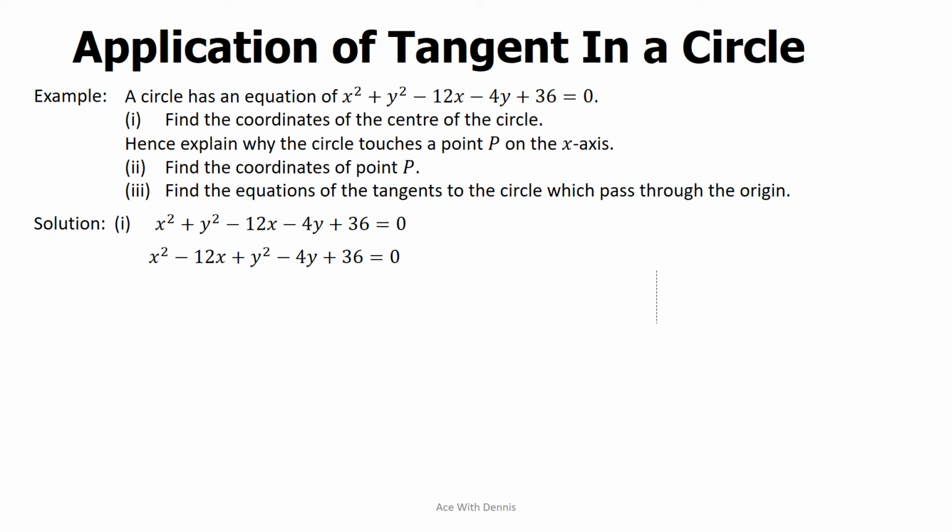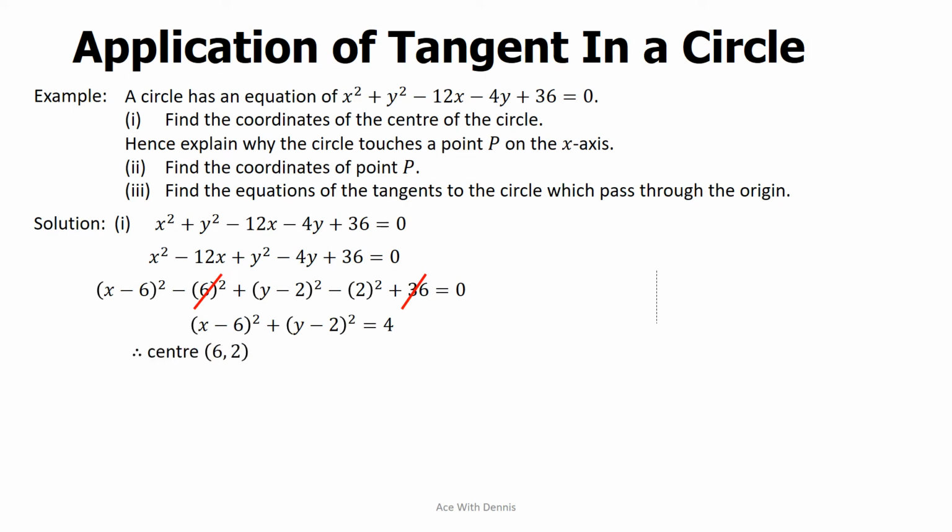The reason we rearrange this equation is because we want to do completing the square. Hence now it becomes (x - 6)² - 6² + (y - 2)² - 2² + 36 = 0. So this 6² cancels with 36 and the equation becomes (x - 6)² + (y - 2)² = 4.